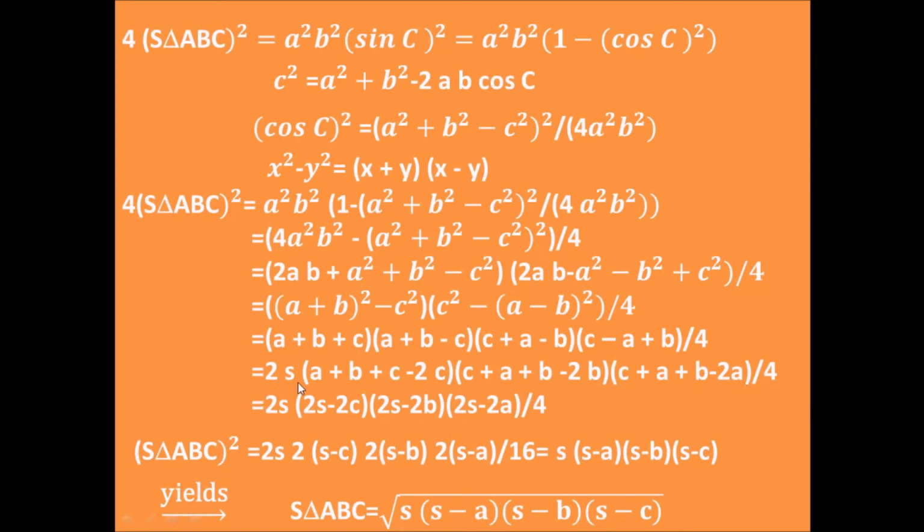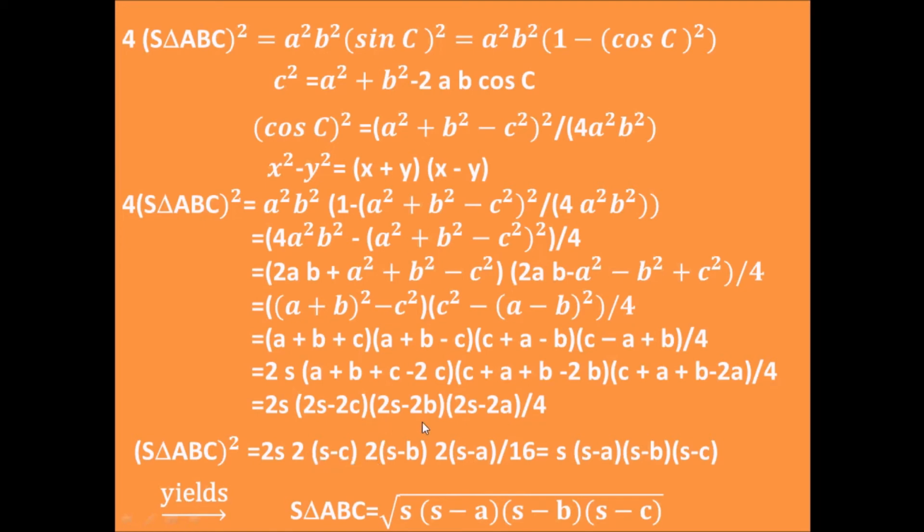Then this expression becomes 2s times (2s minus 2c) times (2s minus 2b) times (2s minus 2a) divided by 4. Then we divide by 4 on both sides to get triangle area squared equals 2s. Here we take the 2 out of the parentheses, so we get 2 times (s minus c).